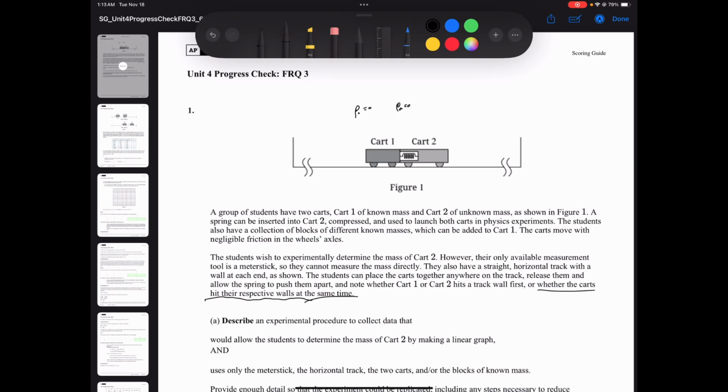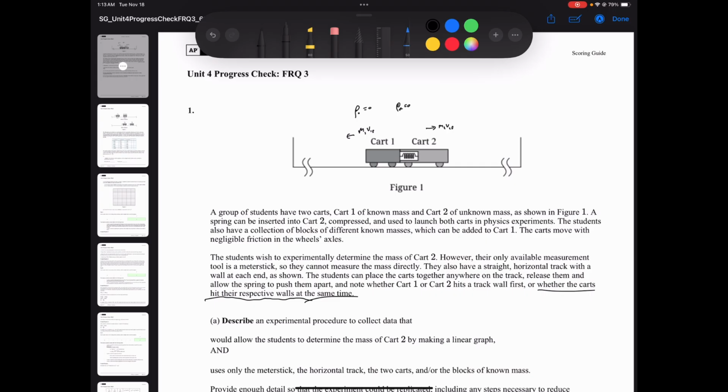In other words, these carts are going to have equal and opposite momenta, right? So cart 1 is going to be going to the left with a momentum m1 v1f, and then cart 2 is going to be moving with a momentum m2 v2f.